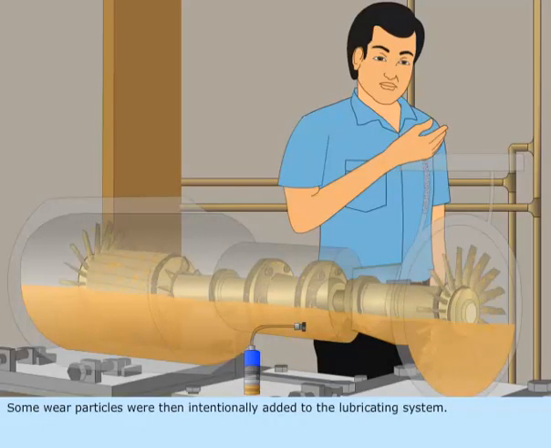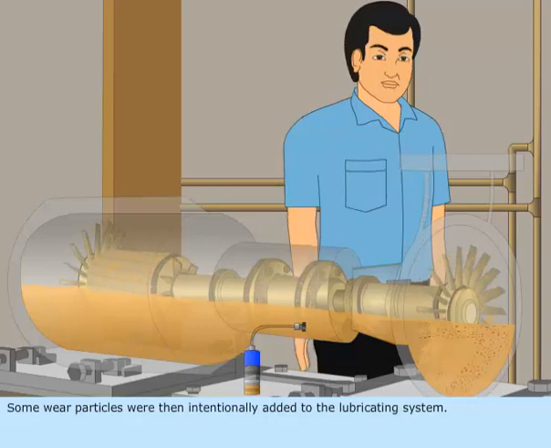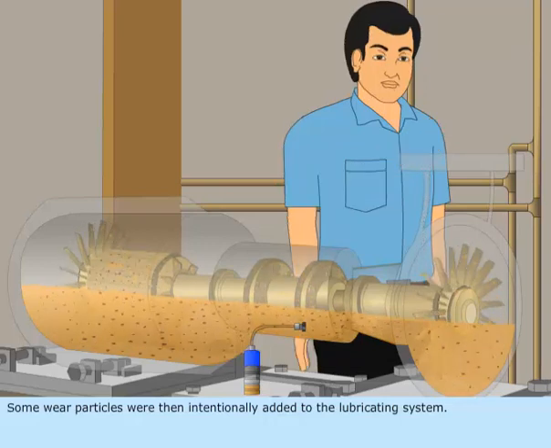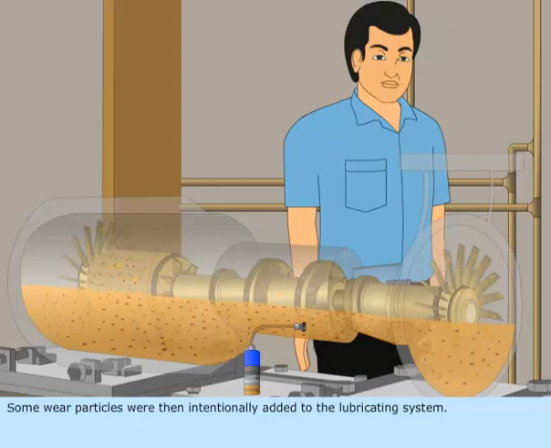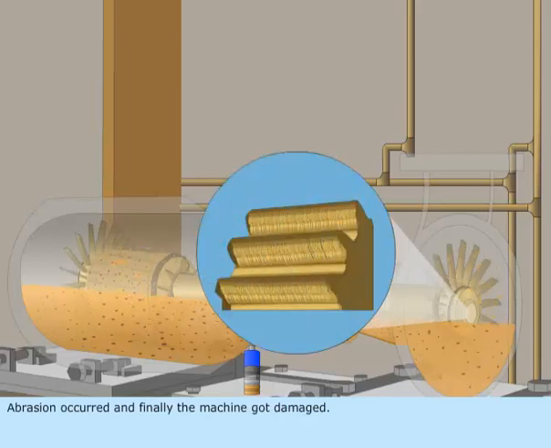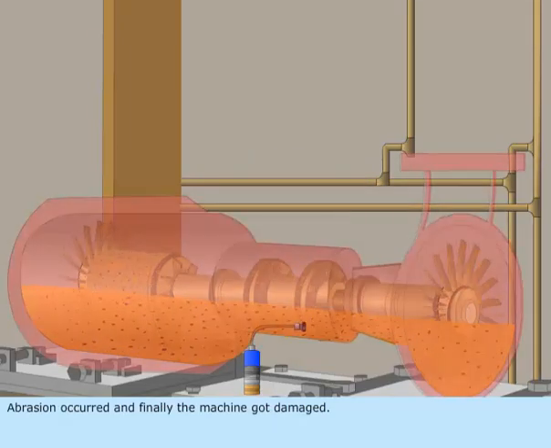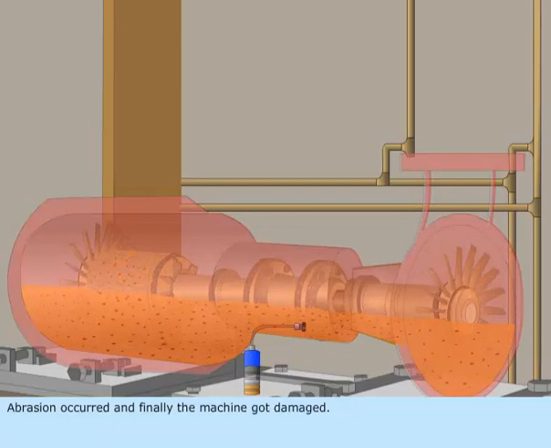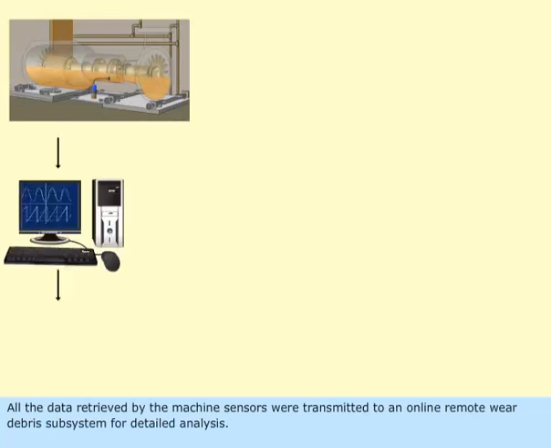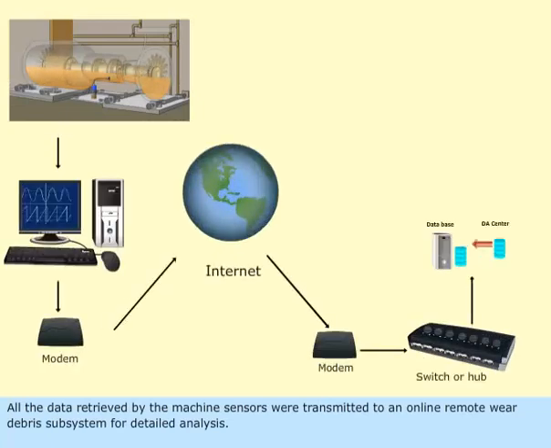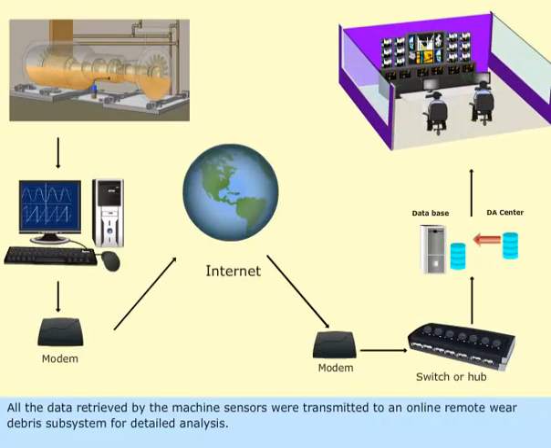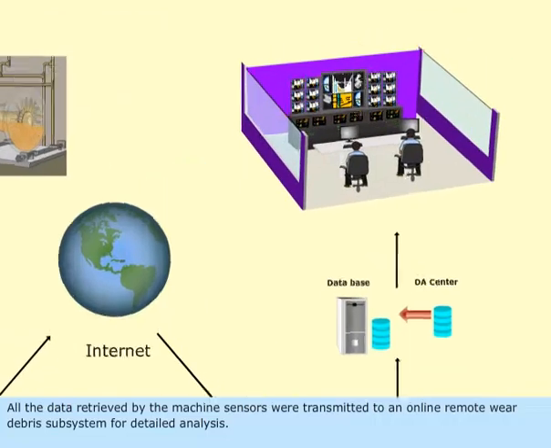Some wear particles were then intentionally added to the lubricating system. Abrasion occurred, and finally, the machine got damaged. All the data retrieved by the machine sensors were transmitted to an online remote wear debris subsystem for detailed analysis.